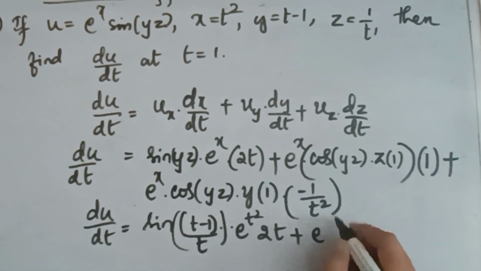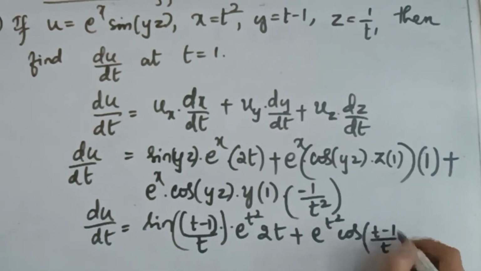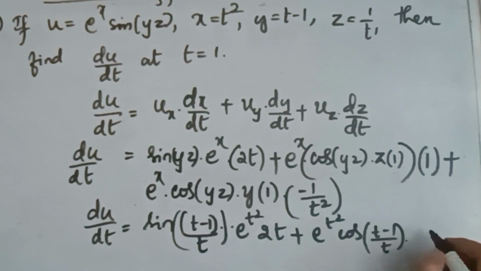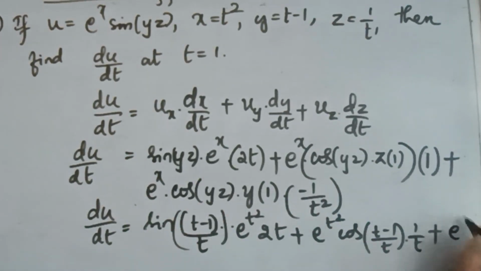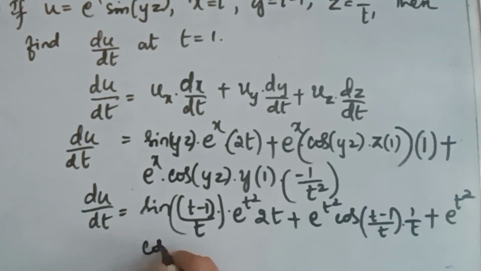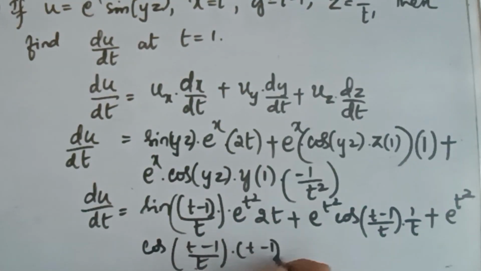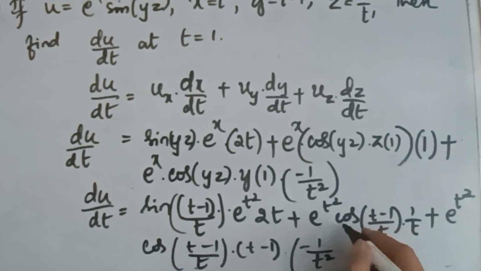So e^(t²) into cos((t − 1)/t) into z is 1/t, plus again e^(t²) into cos(yz), so cos((t − 1)/t) into y is t − 1 into −1/t².